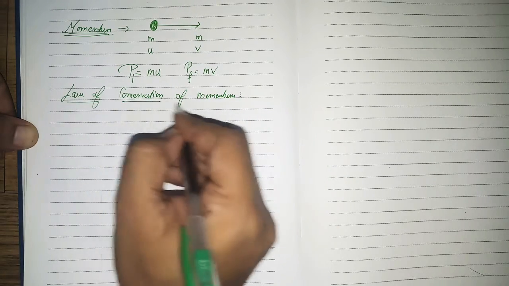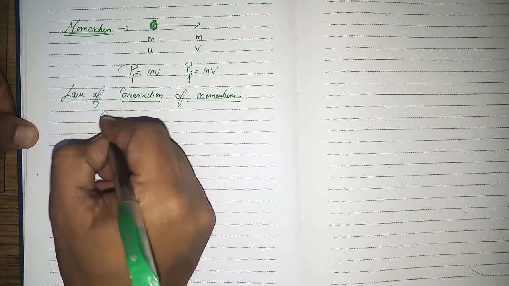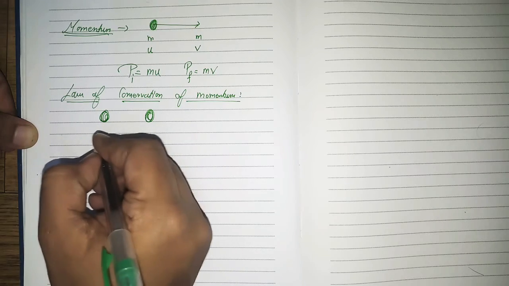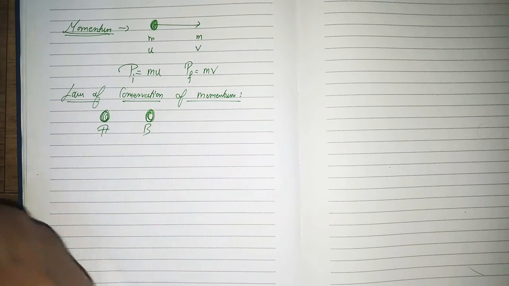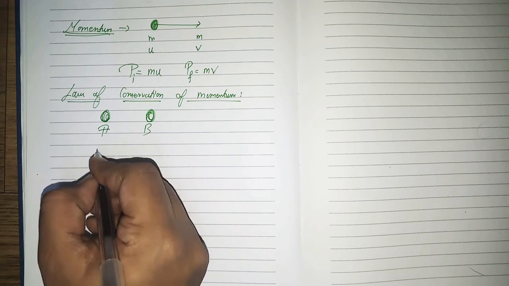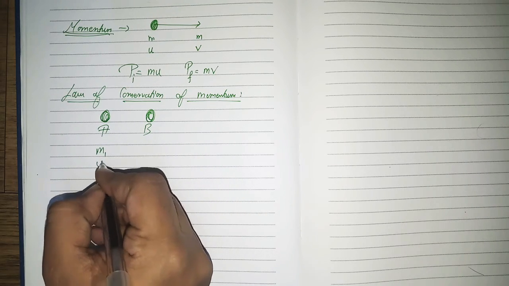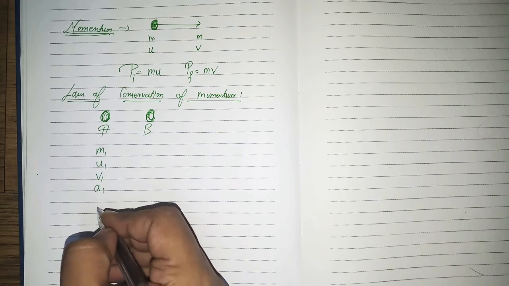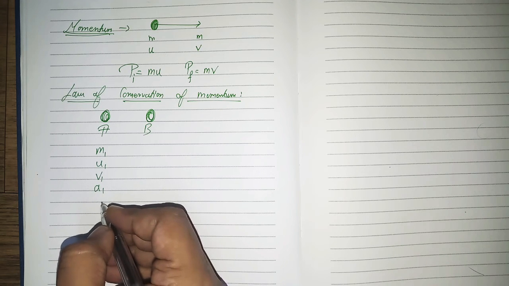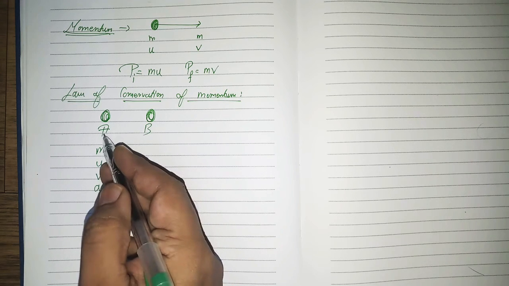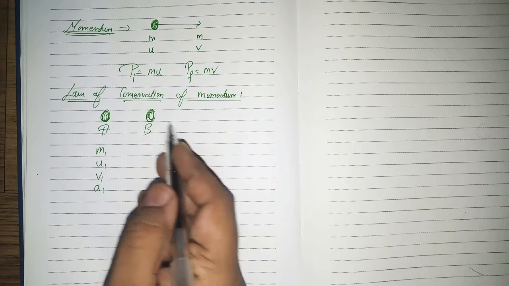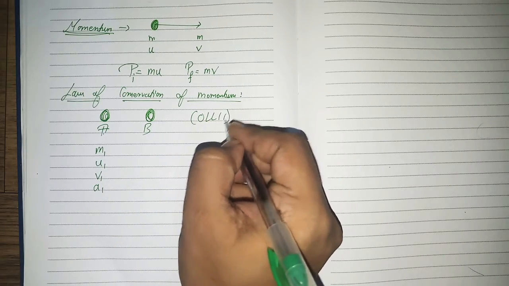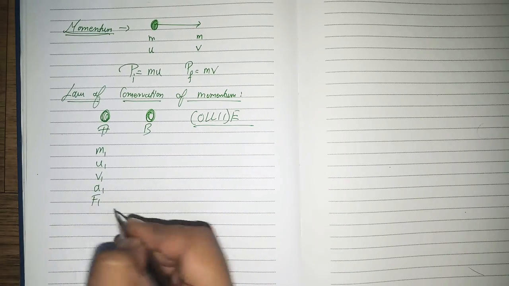Law of conservation of momentum. It says that if there are two objects, and suppose this is A, this is B, let mass of object A be m1, initial velocity u1, final velocity v1, acceleration a1, and the force which object A will exert on B if they collide, let it be f1.